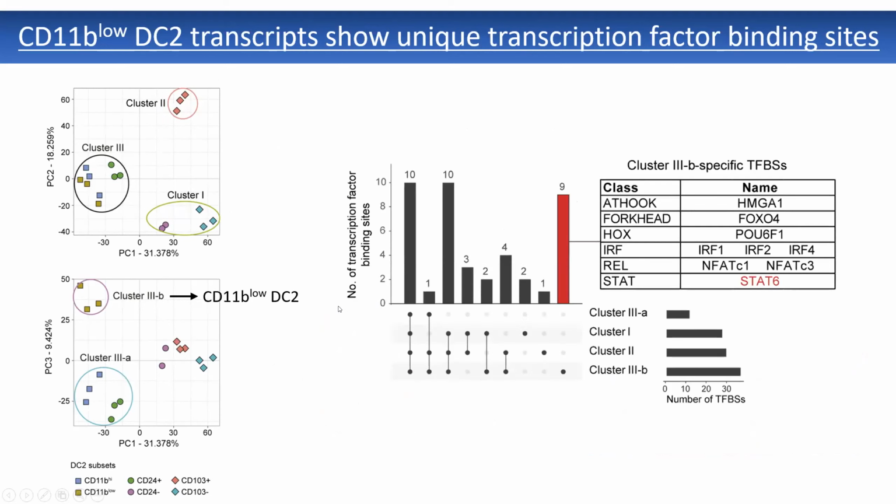And so we performed upstream analysis on the transcription factor binding sites, focusing on these unique gene expression profiles of each of the clusters we had identified by RNA sequencing.